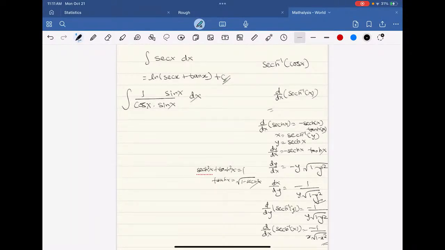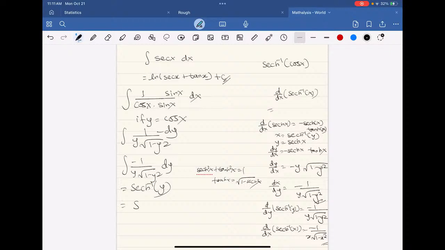Now what I'm trying to do is, if I let y as cos x, over here this should be 1 by y and root under 1 minus y square. This will be minus dy, right? And now minus 1 by y root 1 minus y square dy. We know that this is just sech inverse y. And we know that y is cos x, so this is sech inverse cos x, and we have proved the claim.